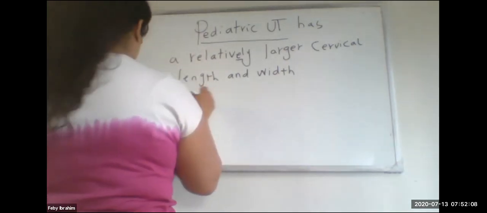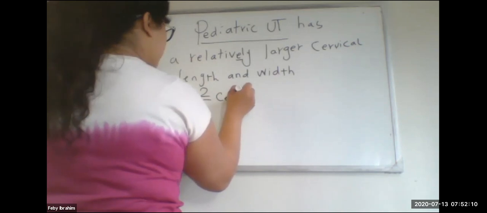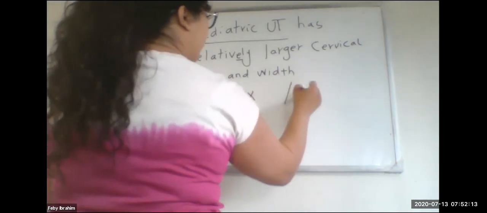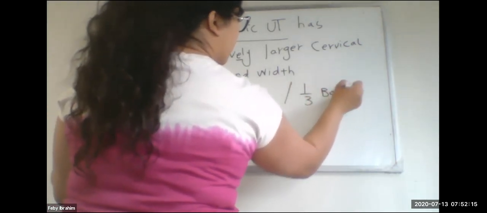So the cervix is 2/3, and the body and the fundus are 1/3.